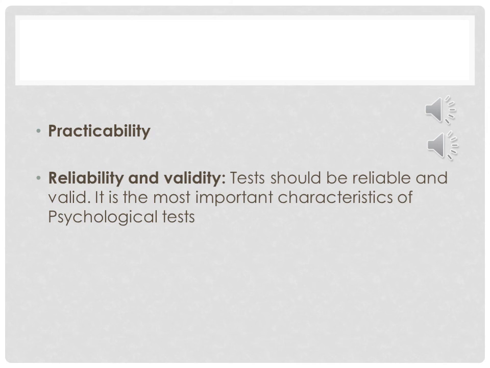So validity means if we construct a test to assess the level of intelligence, that test must assess the intelligence of the person and not any other variables like emotional intelligence or other variables in the psychological area. If we construct a test to measure intelligence, it should measure intelligence itself, not any other psychological variables. So that is known as validity.